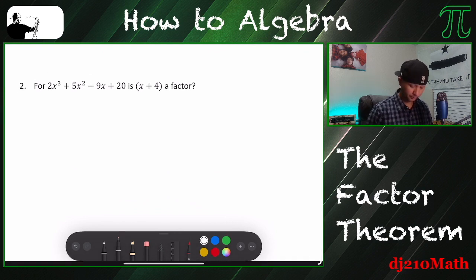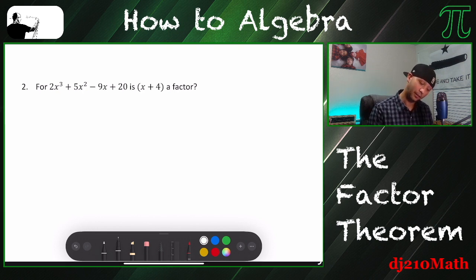All right, number 2. For 2x cubed plus 5x squared minus 9x plus 20, is x plus 4 a factor? Well, let's see. I take the opposite of the factor, so x is equal to -4. -4 is what we're going to put in our synthetic division box.